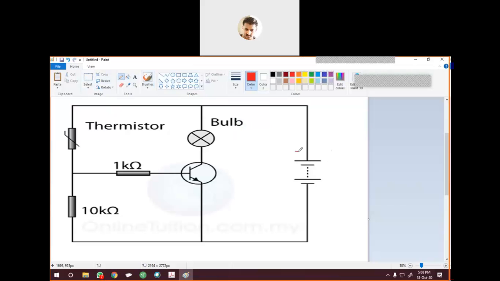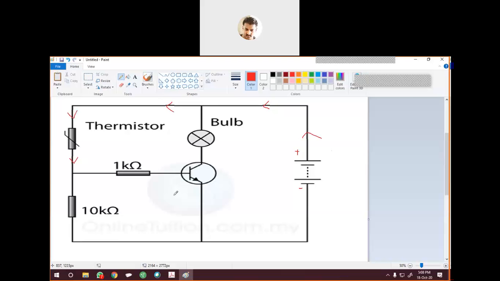Current will move from the positive all the way to the negative. Current wants to move down but cannot because this switch is off. Why is it off? I'll explain in a bit. Current cannot move this way because the circuit is broken because of the transistor. So current will move this way.